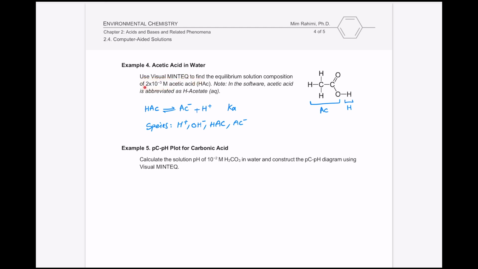The total concentration is equal to the total concentration of H plus that we're adding, and equal to the total concentration of AC minus that we're adding to the system, because one molecule of HAC produces 1 mole of H plus and 1 mole of AC minus. So we need that information to calculate the pH using Visual MINTEQ.